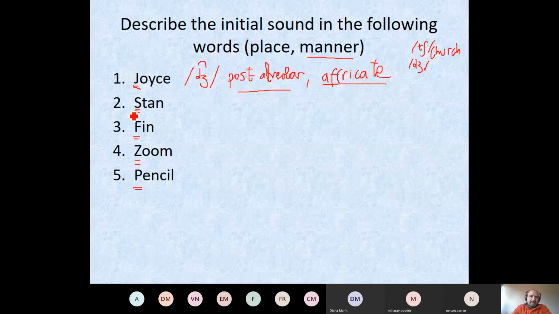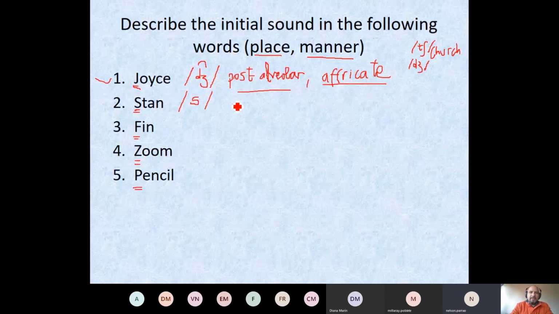Okay, let's focus on the second one. Stand. We need to think about the place of articulation. What do you think? In the teeth.